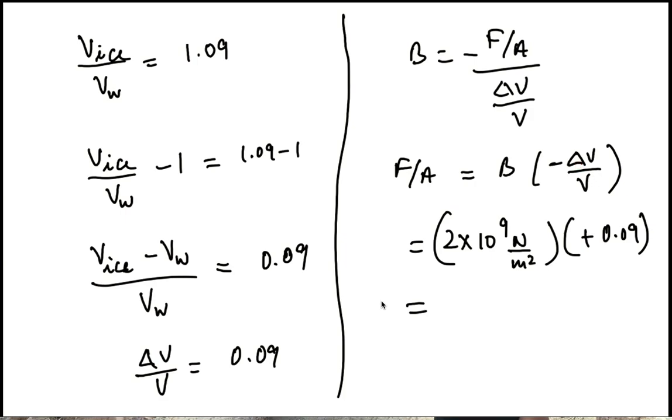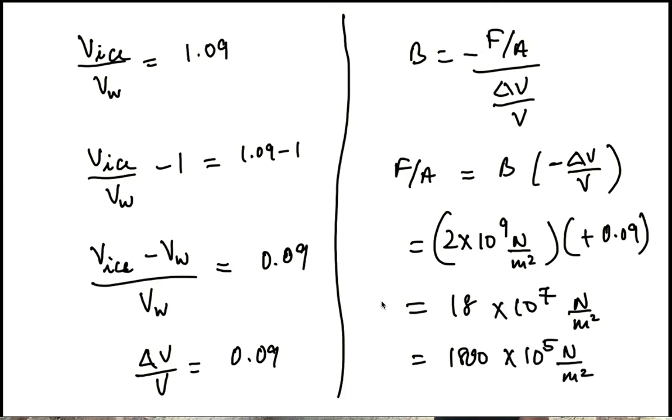So this is equal to 18 times 10 to the 7 Newton per meter squared, and this is 1800 times 10 to the 5 Newton per meter squared.